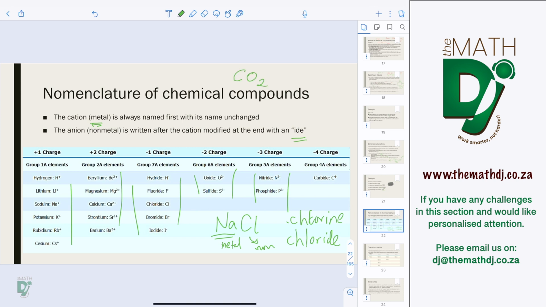The first part is the first element, then the other one is the non-metal part. Carbon's name is unchanged, then oxygen, but since there are two, di means two, so dioxide. So it becomes carbon dioxide. That's how you name them, and as you get used to it, it will become second nature.